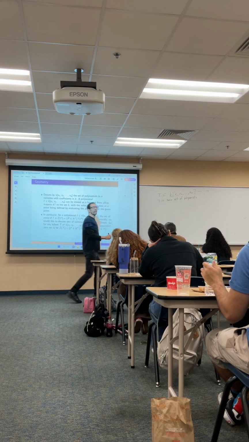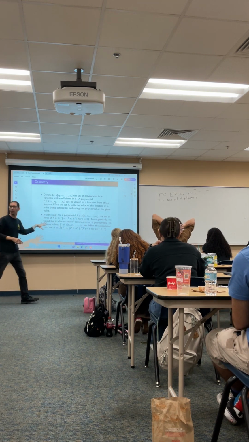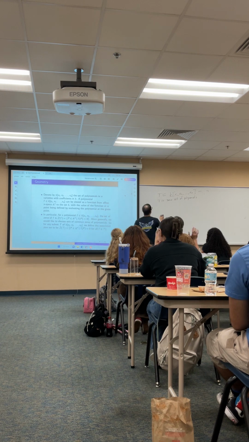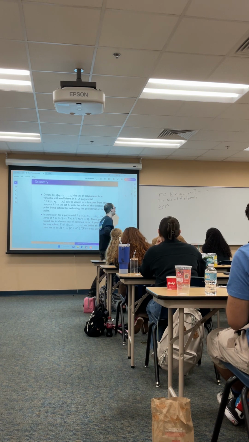So if I have a whole set, we can define the zero set of one single polynomial as we just did, but we can also define the zero set of this entire collection T of polynomials.